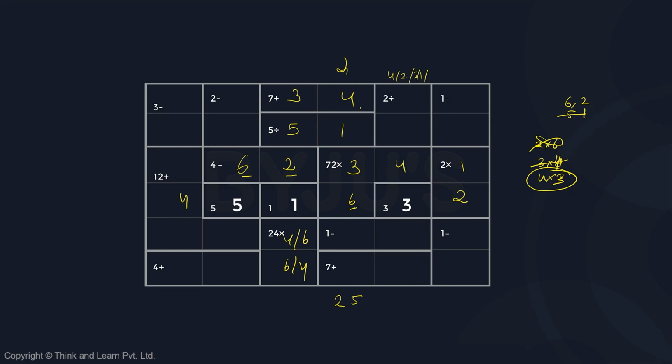As of now anything can go anywhere because the sum is 7, 5 plus 2, 2 plus 5, anything can be done. And 6 plus 1, is it possible? Sum 7 can be made with 6 plus 1 or 5 plus 2. 6 plus 1 is ruled out because we have 6 and 1 here, so this is not possible. 5 plus 2, if you put 5 here and 2 here, look at this.